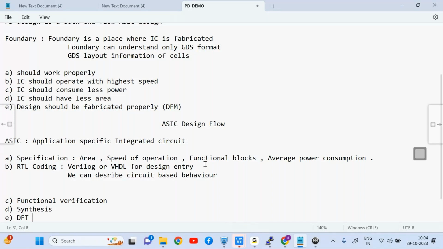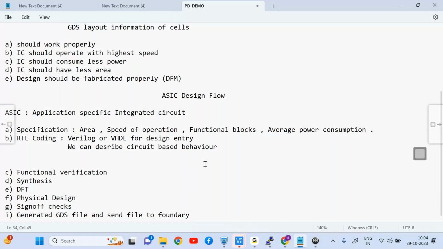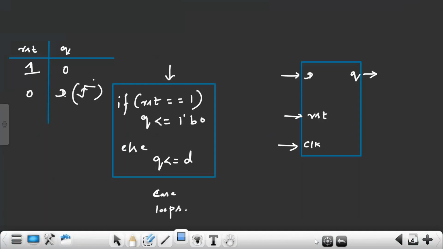I can describe a circuit based on its behavior easily. That is the advantage. That is the reason why we start with RTL coding first. So we can use if statement, loops, case statements, and procedural blocks like always block. We can describe a circuit.